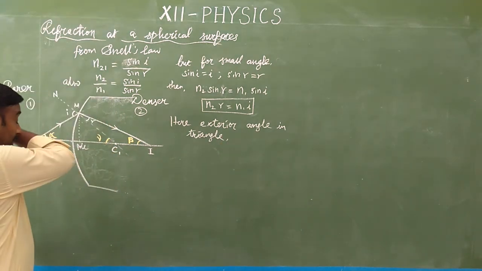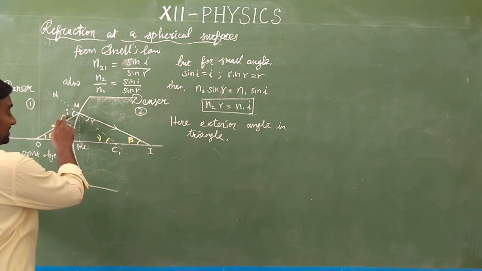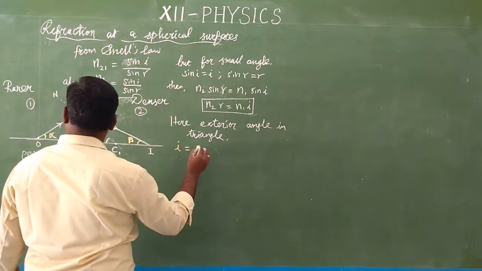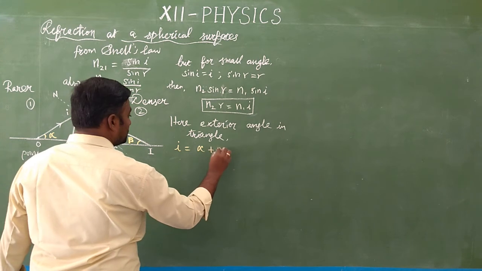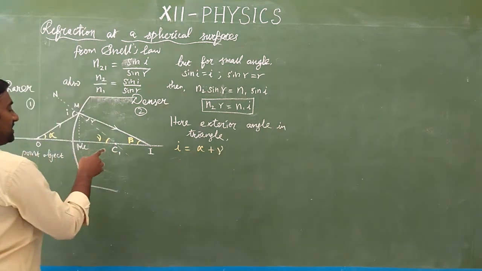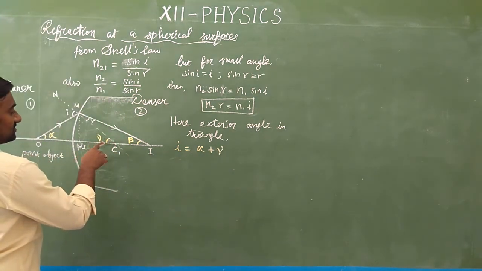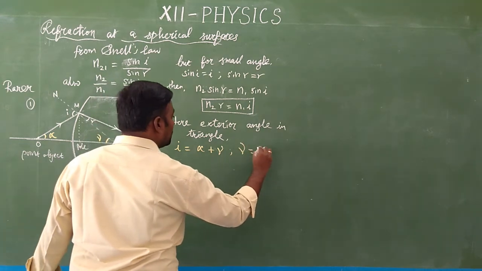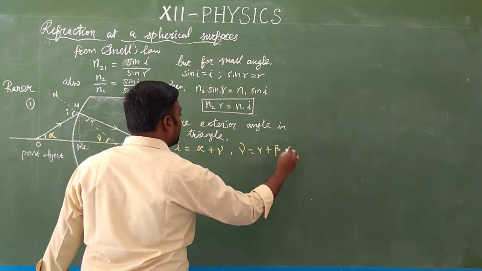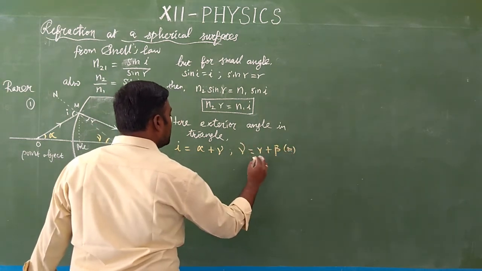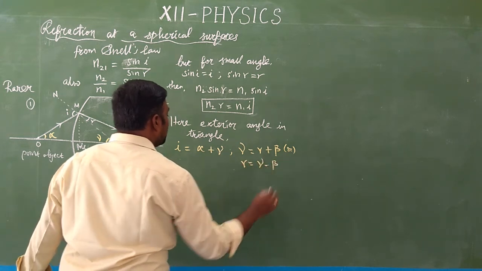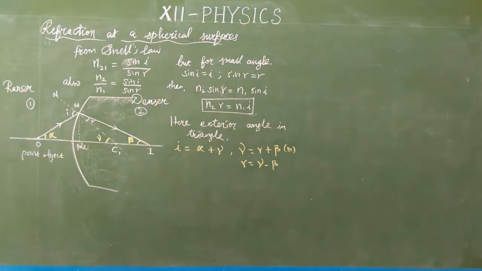First, i, the exterior angle, is equal to alpha plus gamma. Similarly, gamma is equal to r plus beta, and we need the angle of refraction. So r is equal to gamma minus beta. Okay, so this is the angle, we got it.